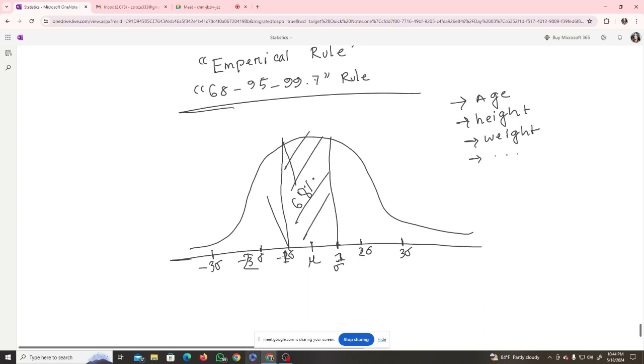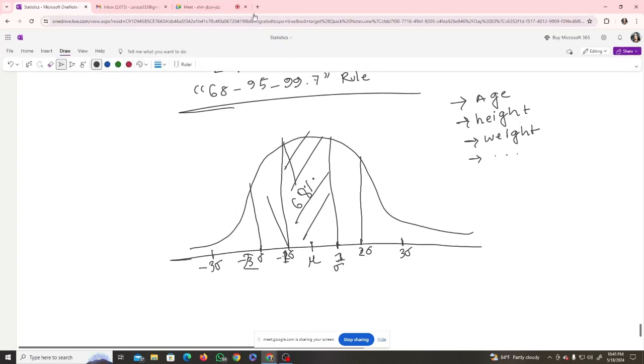Then if we take two standard deviations from the mean, which means this part, it gives us an idea that 95% of data lies in this part. So in this area, 95% of the dataset lies in this portion.